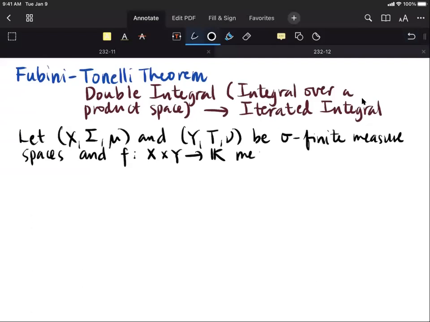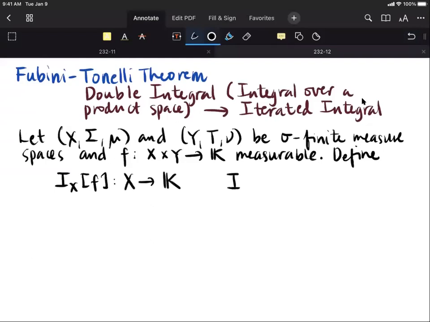Let us suppose that this is measurable. Now define this Ix f. So this is a function from X to K, and similarly Iy.